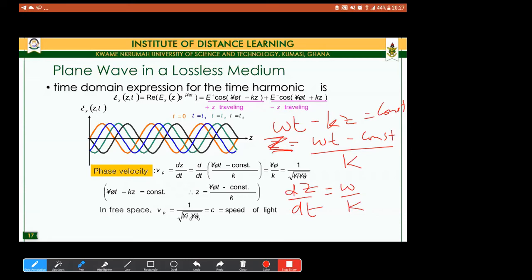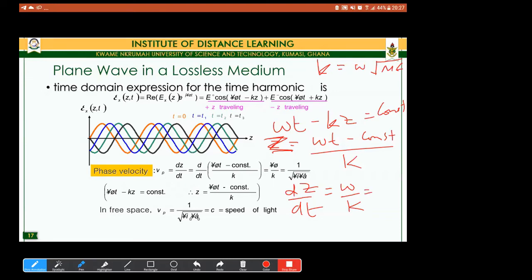Now this omega divided by k is very important, because if you remember, k, we gave k as what? Equal to omega square root of what? Mu epsilon. That was the value of k. Therefore, if you substitute omega square root of mu epsilon, omega will cancel out.